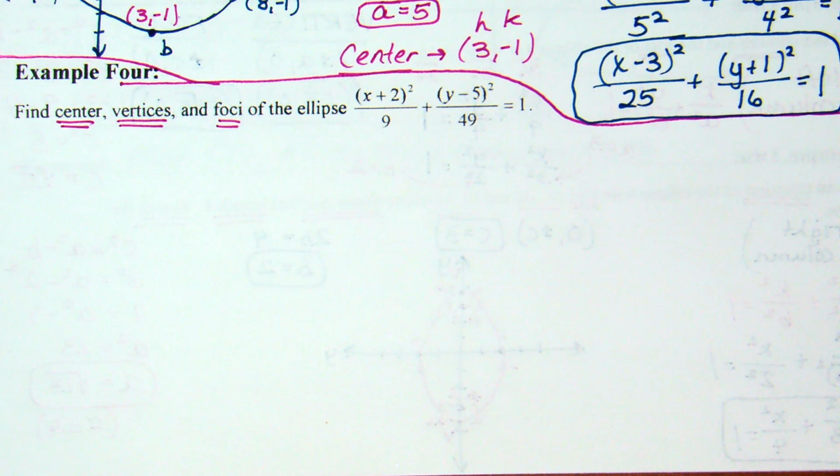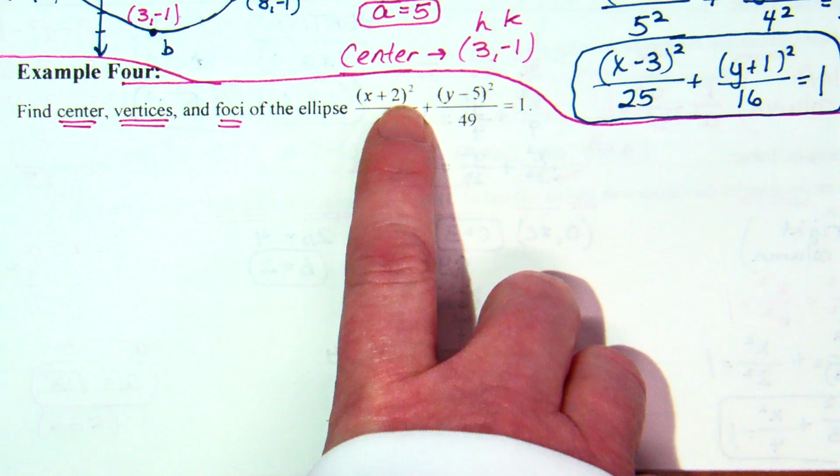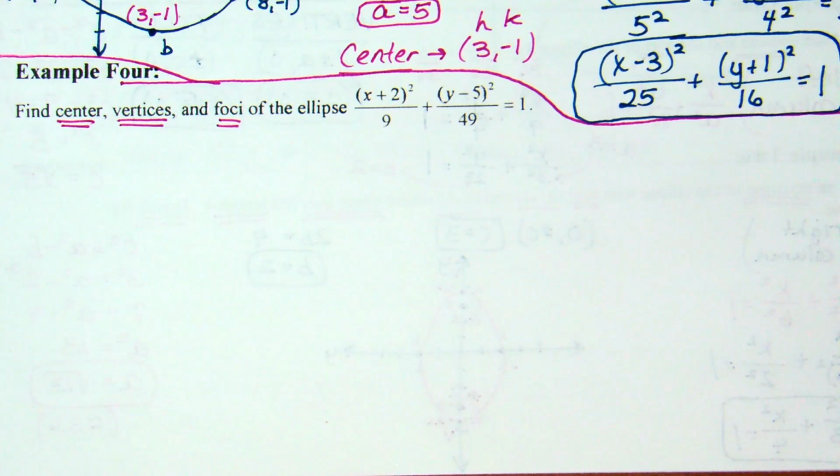X. And K is always with the Y. It doesn't matter if it's left or right column, that's always the case. So yes, the center is staring there at us. The center is going to be what? -2 and 5. Because X plus 2 and Y minus 5. I'll write that down in a moment. I want to get somewhere else first before I write that down.